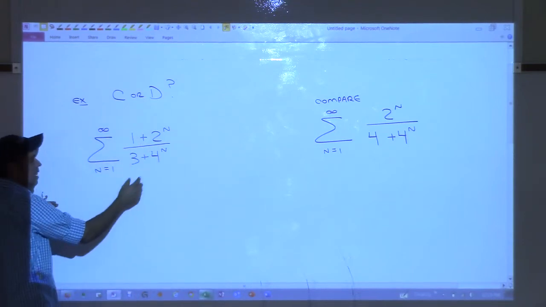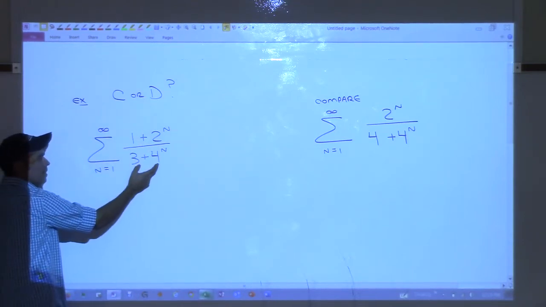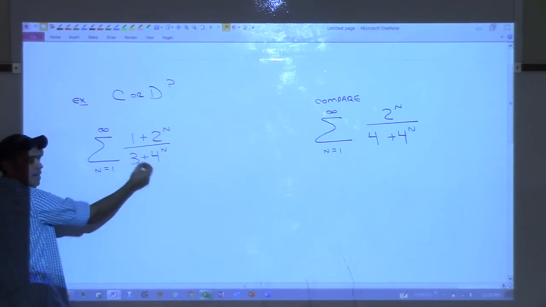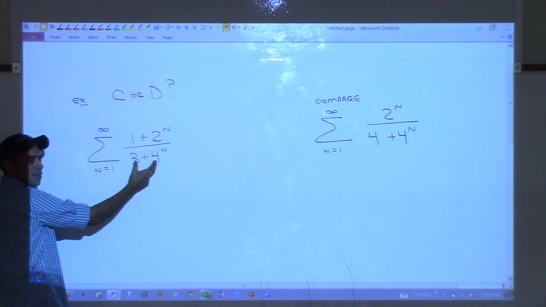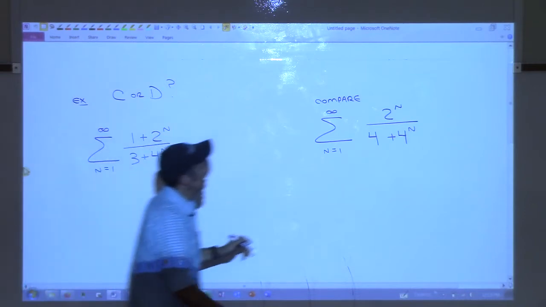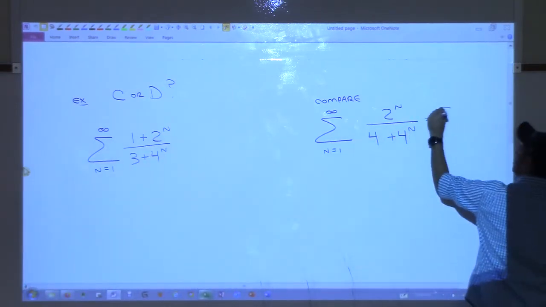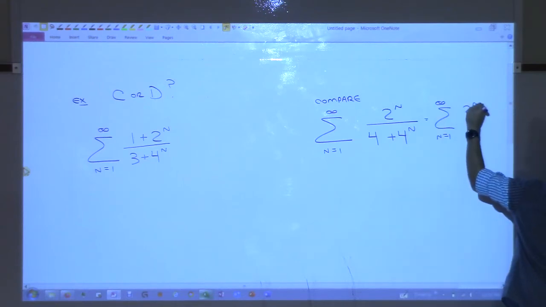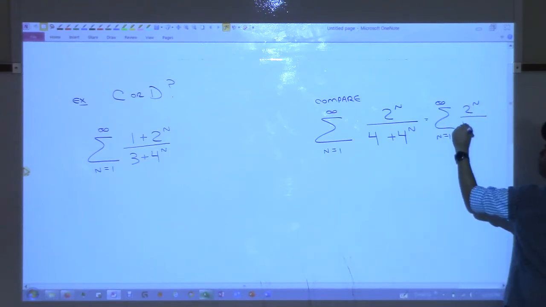And then the bottom here, because this is a 3, it's kind of close to 4. If I replace it with the 4, then I can put those together, can't I? 4 to the n plus 1. I could have chosen any number, but I chose 4 on purpose because my power on the bottom is 4. Let's see, what is this? Sum n equals 1 to infinity of 2 to the n over 4 to the n plus 1.